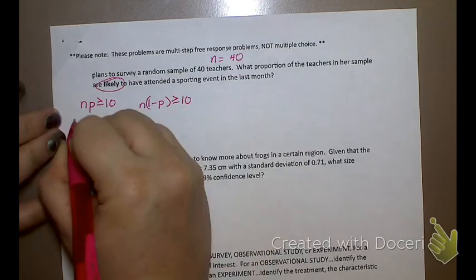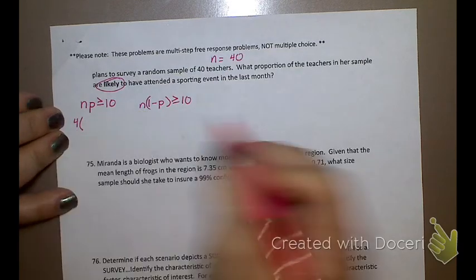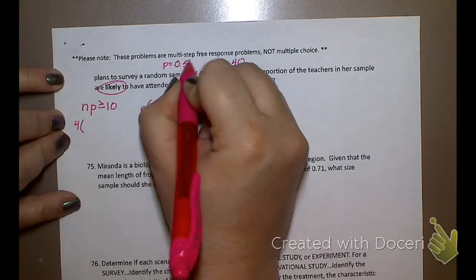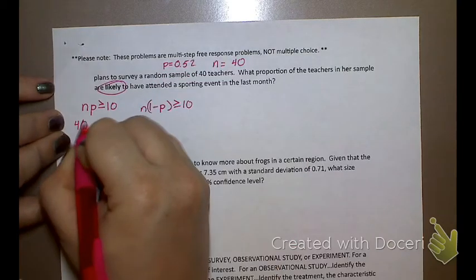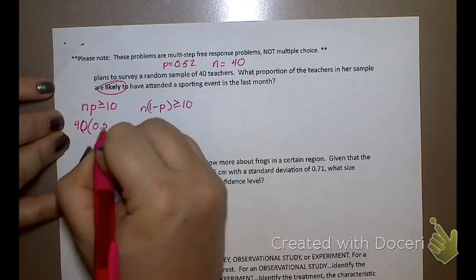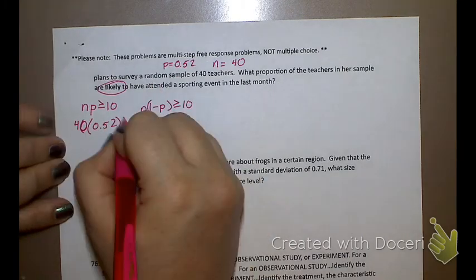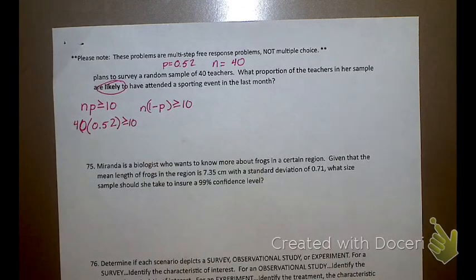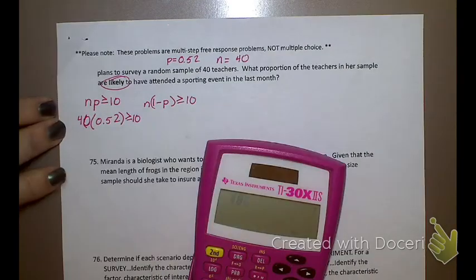So, 40 times my p value, I'll write it up here from the previous page, is 0.52. 40 times 0.52 has to be greater than or equal to 10. And 40 times 0.52 is 20.8.